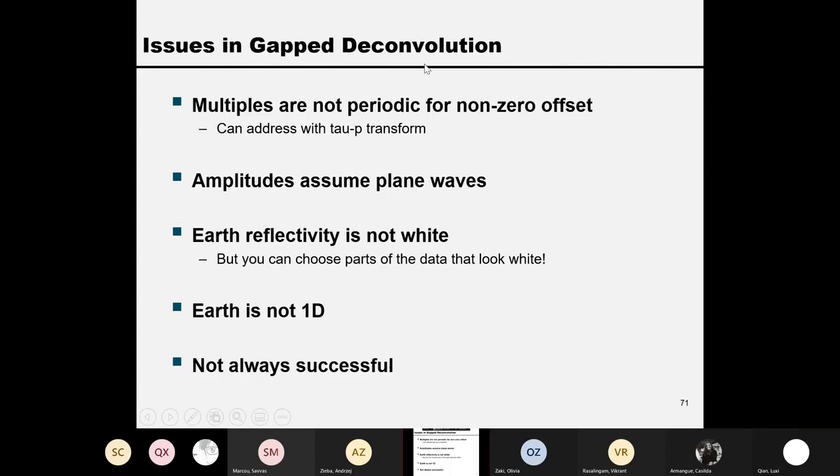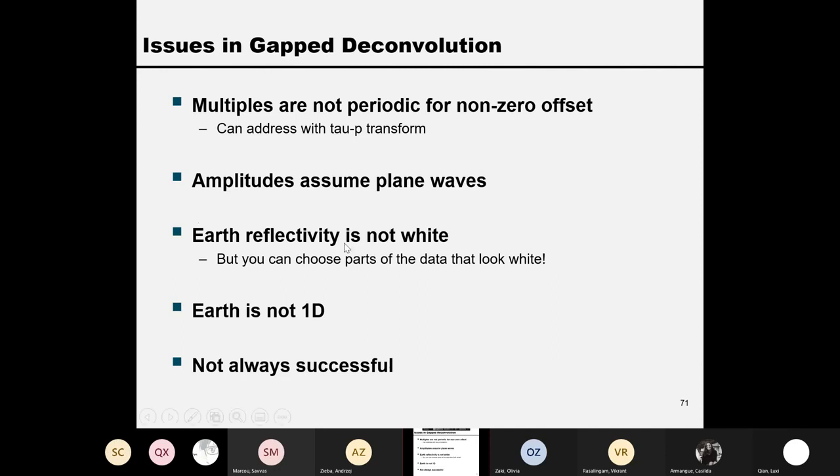And deconvolution here assumes the amplitude is a plane wave, which means we're talking about frequency by frequency, right? So in the same frequency, they are periodic. That's called a plane wave, right? So there's no interaction between different frequencies.